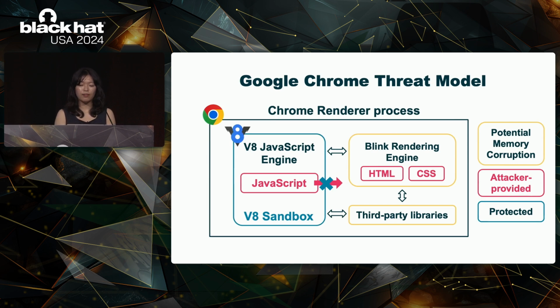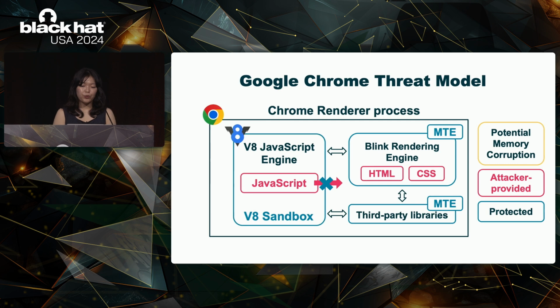So the V8 sandbox was developed and it is applied by default to sandbox the untrusted JavaScript code execution. And it ensures that no JavaScript can access the rest of the memory. However, the Blink renderer and third-party libraries also contain a vast amount of code, potentially containing memory corruption vulnerabilities, so attackers can still exploit them even if the V8 sandbox is enabled.